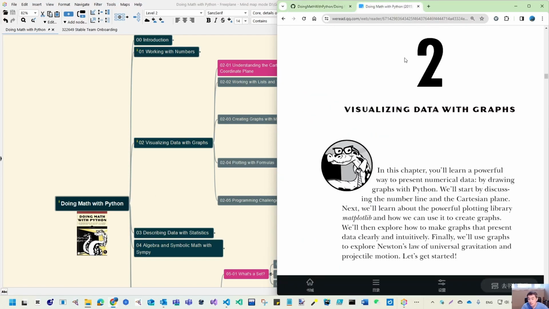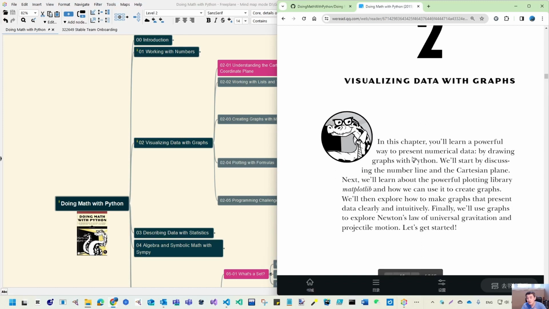Then for today, we are starting the second chapter, named Visualizing Data with Graphs, which is more colorful, I believe, than chapter 1, where we only had numbers. Within this chapter, we will cover about four objectives. First, we will discuss the number line, which is one-dimensional. Then the Cartesian plane, the coordinate plane, which we normally call the two-dimensional plane.